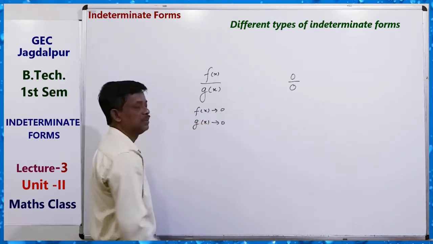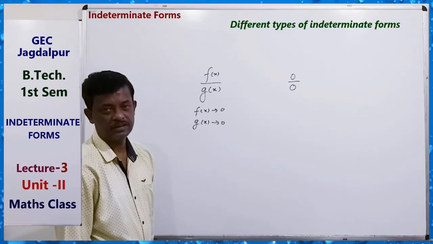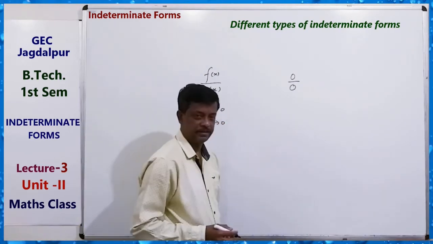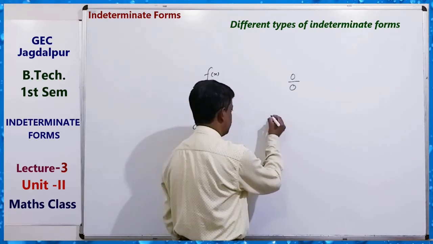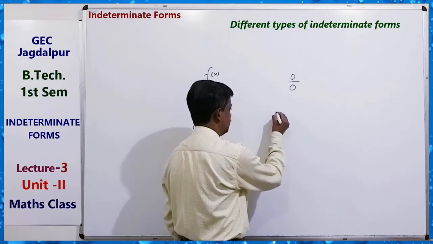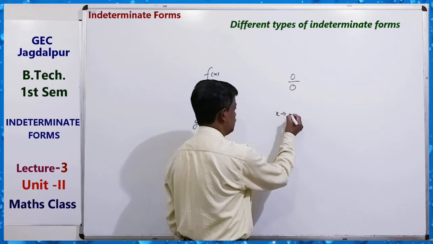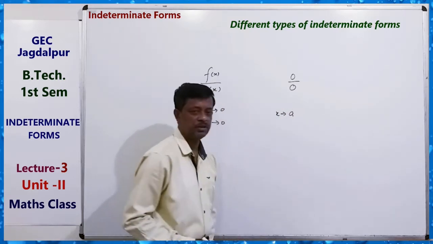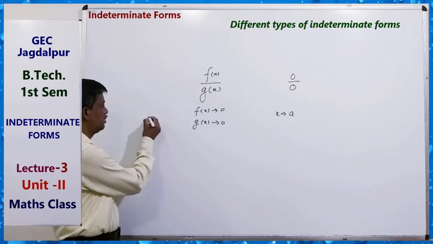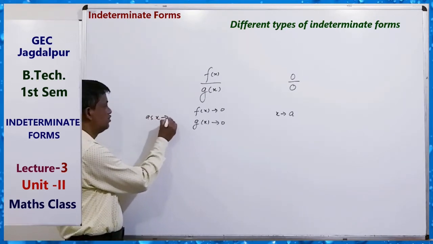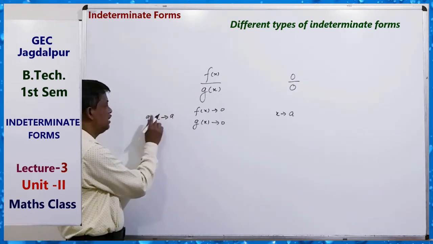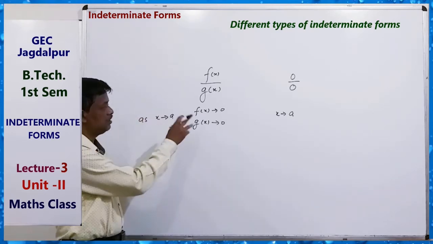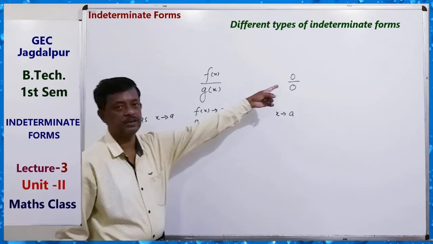That is 0 by 0 format. Okay. So if as x tends to a particular value, x tending to a, we get this, then this is an indeterminate form.